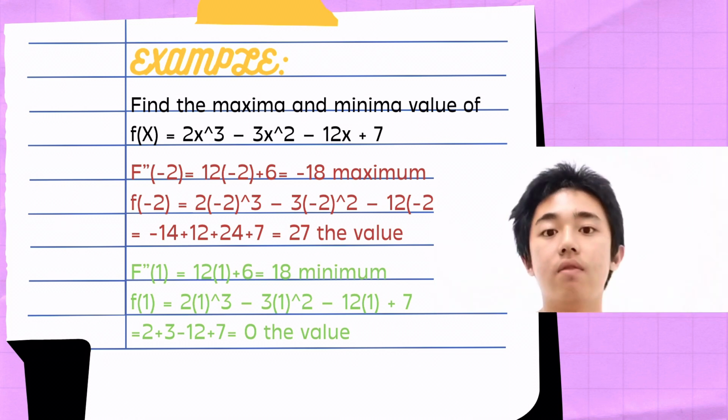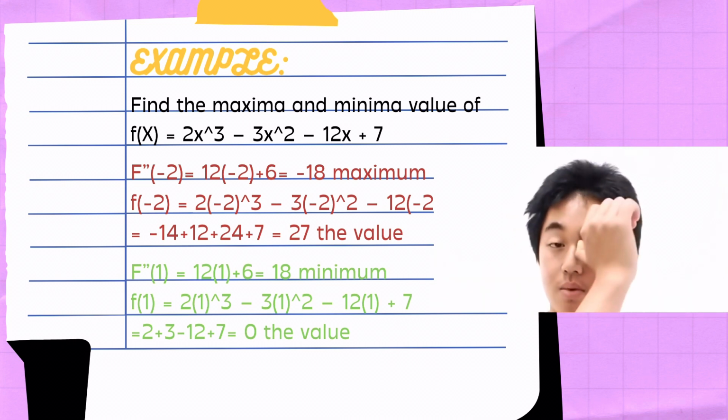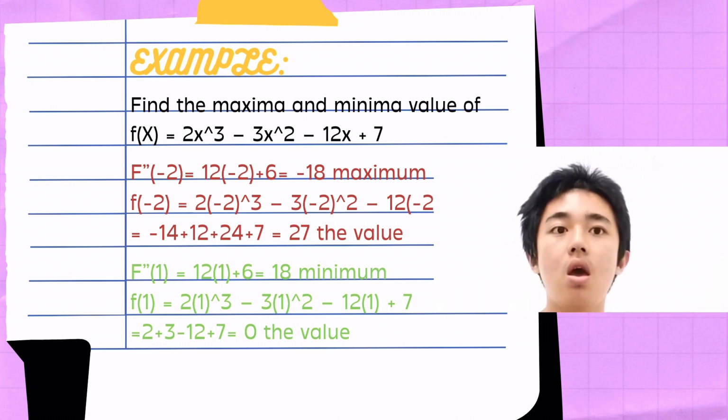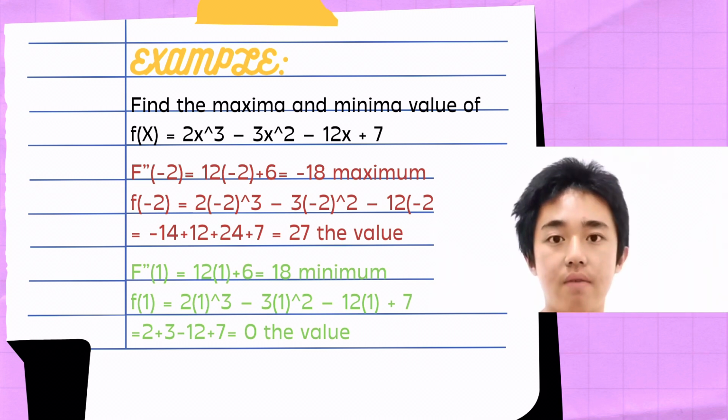Now remember, if it's smaller than 0, that means it is a maximum. So we're going to find the value. We input -2 into the original function, 2x³ - 3x² - 12x + 7.